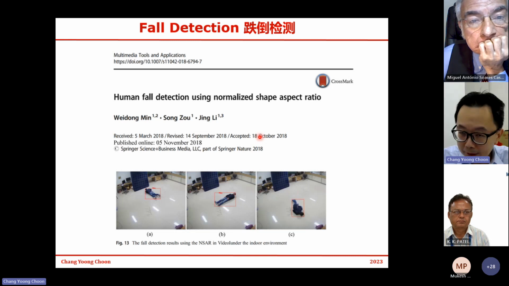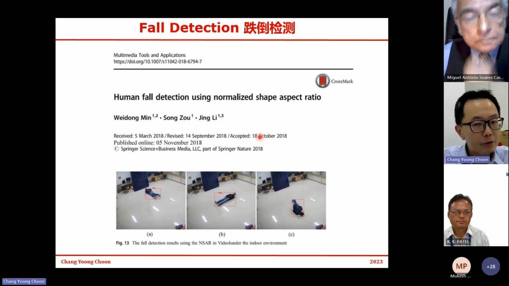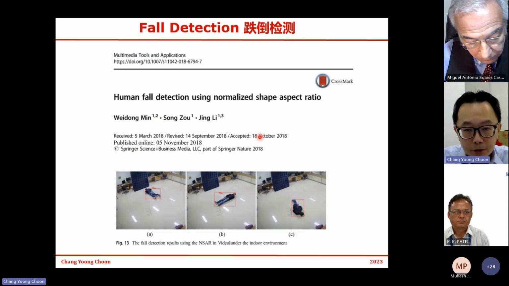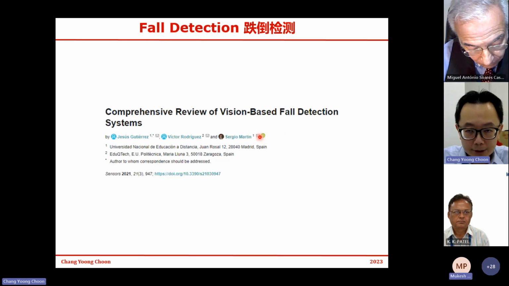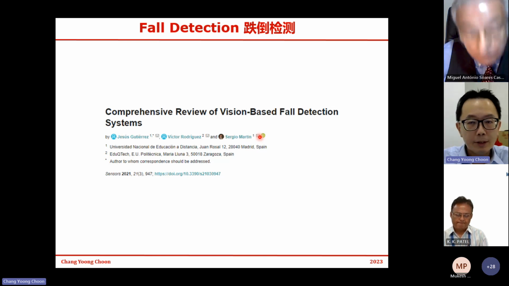You need someone to fall down, and the moment someone falls, it may cause injury. So the challenge is how to create the data set, because we need real people falling down.